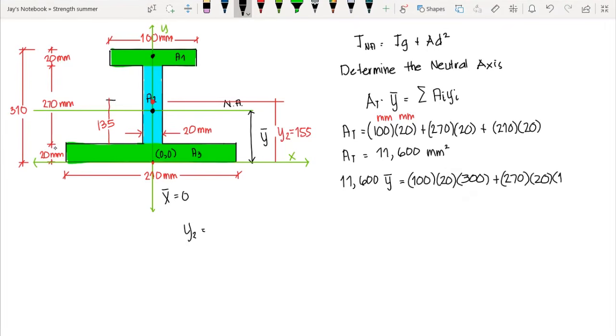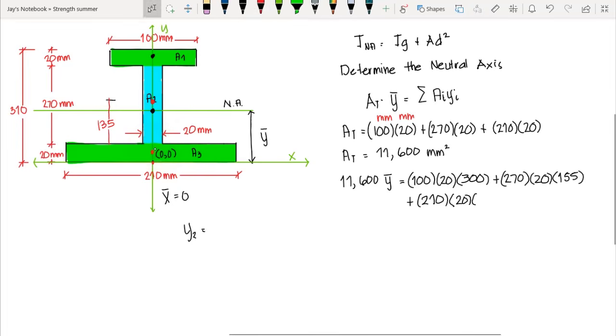So we have 155. And lastly, we have area 3. Okay, that is plus the area 3 here, the area of the larger flange, that is 210 times the thickness, that is 20, times the centroid of area 3, that is at this point. So we have the distance, let's say that is our y3. Now y3 is just 1/2 of the thickness.